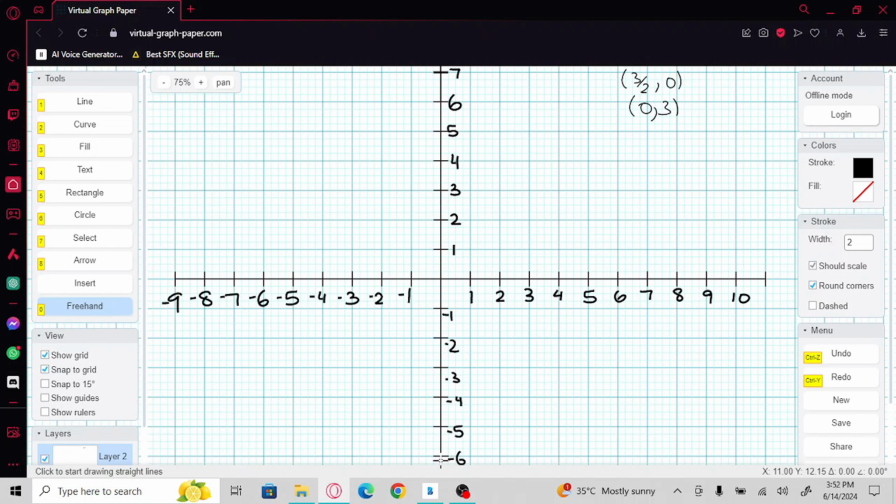When x equals 0, y is equal to 3, so it's going to go all the way up here. And when x equals 3 upon 2, which is 1.5, so around here, y is equal to 0. So this is the point where it's going to be made. Okay, so now we are going to make a line.